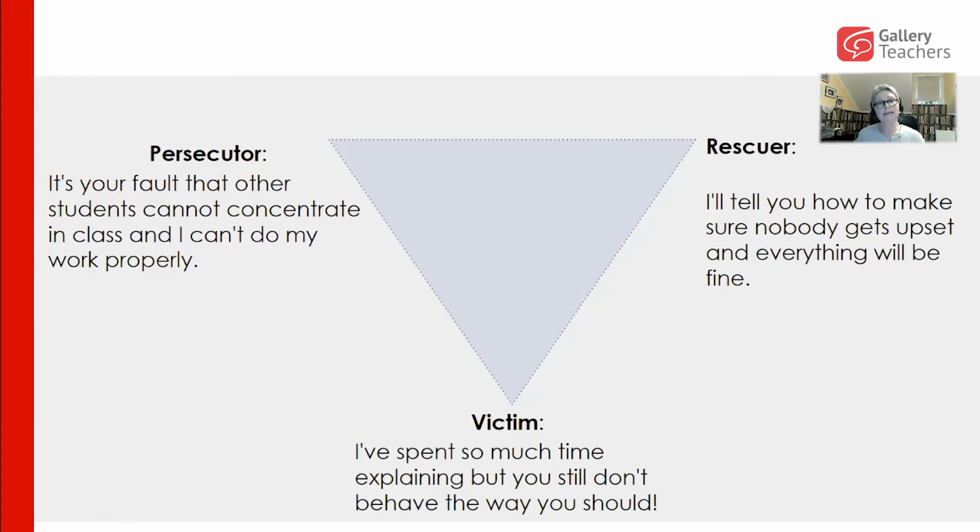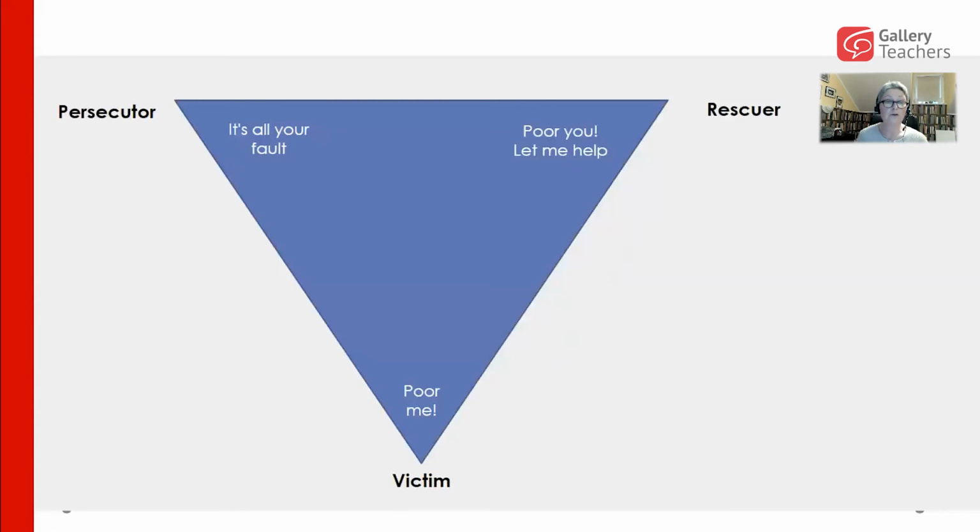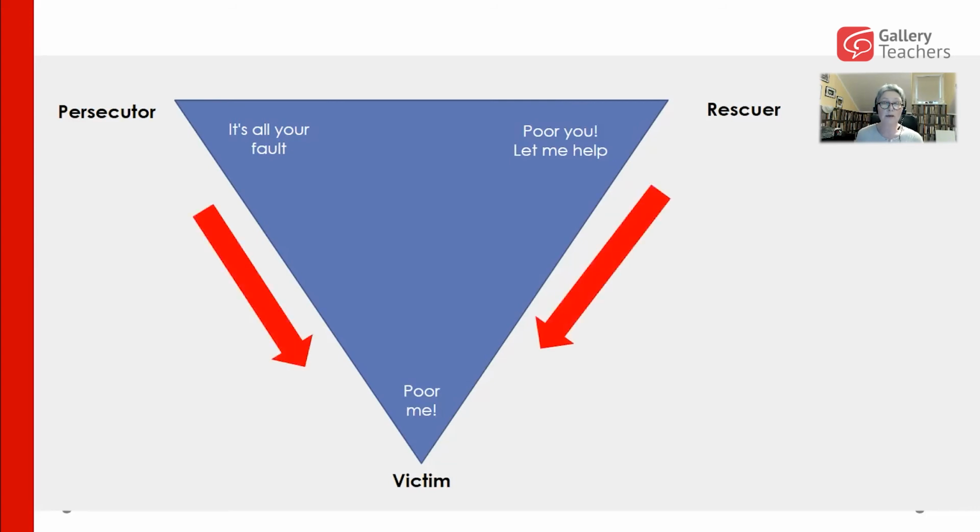Now, the biggest danger of falling into the drama triangle trap is that if we take on one of the one-up roles, so the role of a persecutor or the role of the rescuer, we actually push the other person, in this particular example a student, into the role of a victim. And from the position of the victim, the student is not gaining any beneficial insight into the situation, into their behavior, and so they have no chance of repairing it.